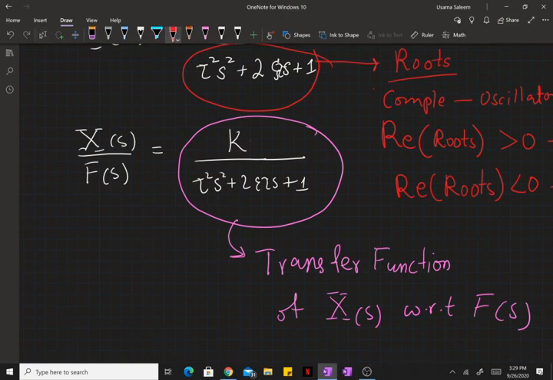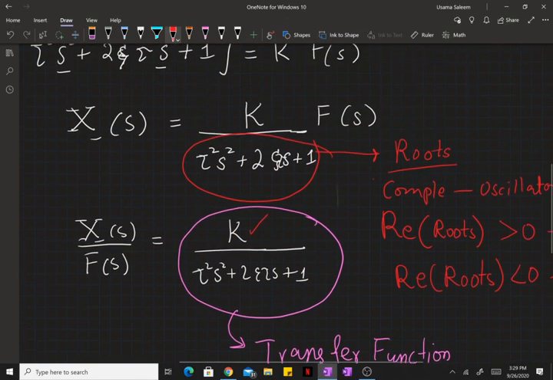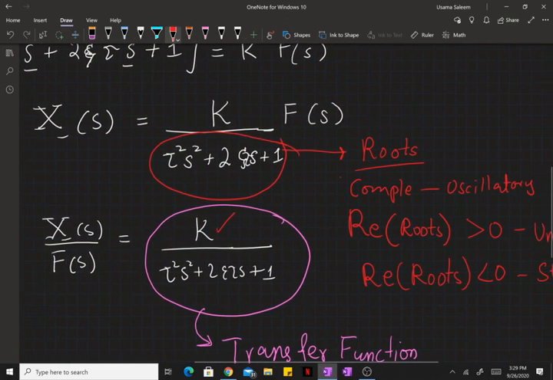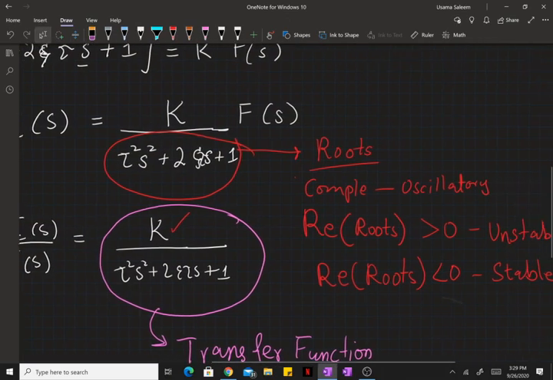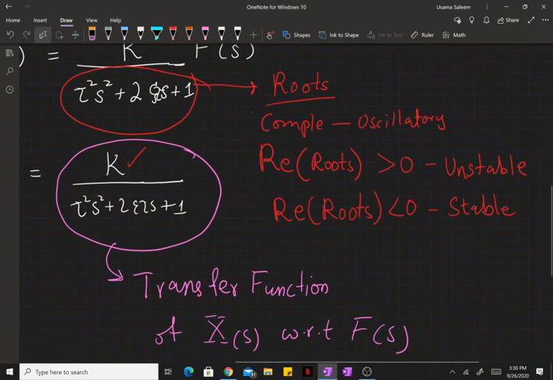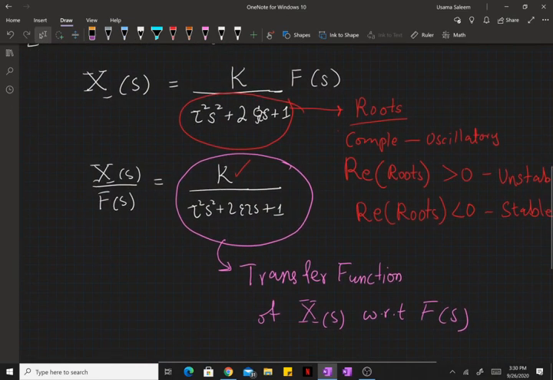It captures how aggressive or sensitive the process is, and as we discussed earlier, the roots of the denominator polynomial tell you whether your behavior is oscillatory, stable, or unstable. So in the next videos we're going to move forward our discussion by looking at transfer functions in detail.